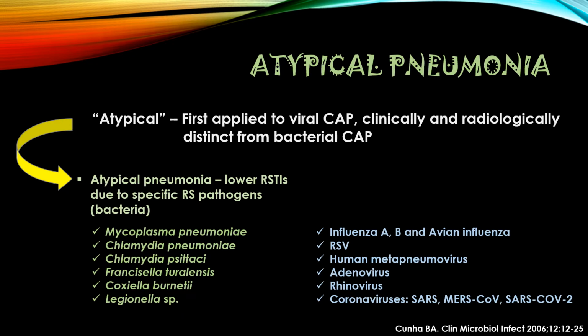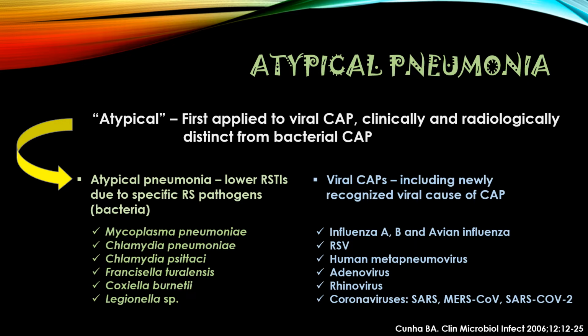This entity of atypical pneumonia may be distinguished clinically and radiologically from viral CAP. Viral CAP has pathogens you remember: influenza A, B, avian influenza, RSV, adenovirus, or rhinovirus that causes the common cold.